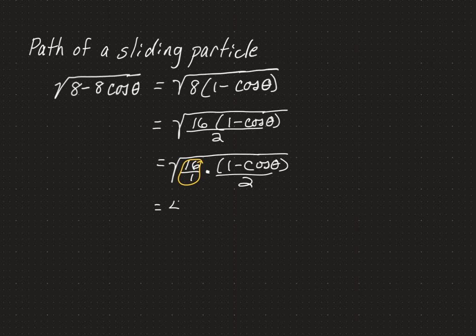So we would get 4 times the square root of 1 minus the cosine of theta divided by 2. Well, the square root of 1 minus the cosine of theta over 2 is the sine of theta divided by 2. And that is still multiplied by 4. This is only the positive case. That's all we're going to be using here.